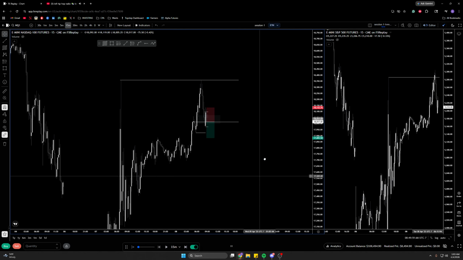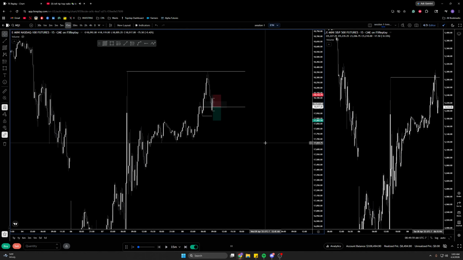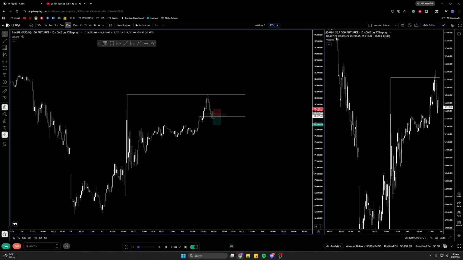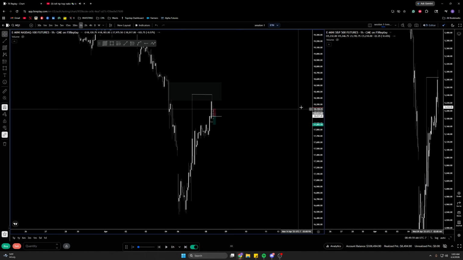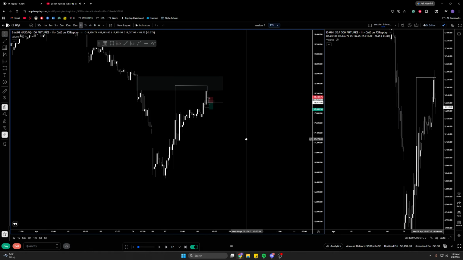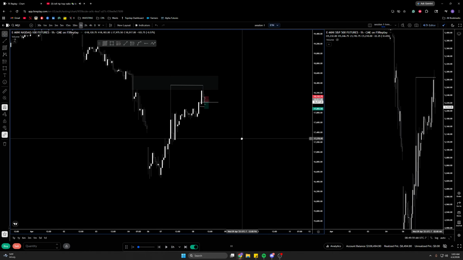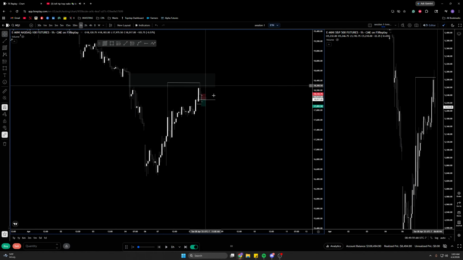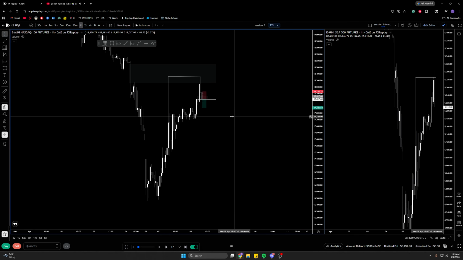Look at the higher time frame. So this is an SMT here. Huge gap here. Let me look at the hourly. Super deep in premium. We're at equilibrium of the hourly range.